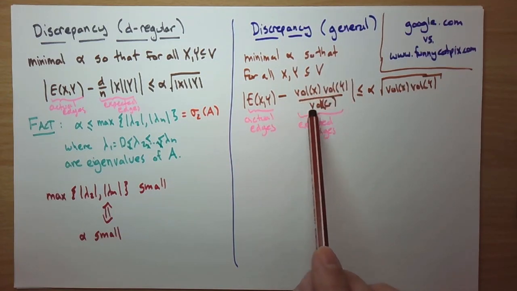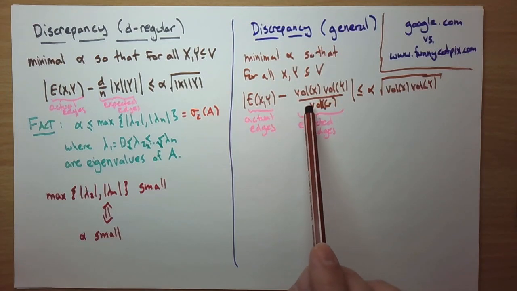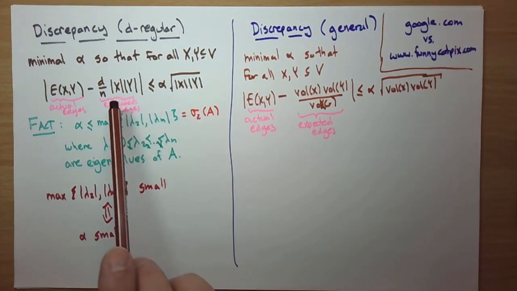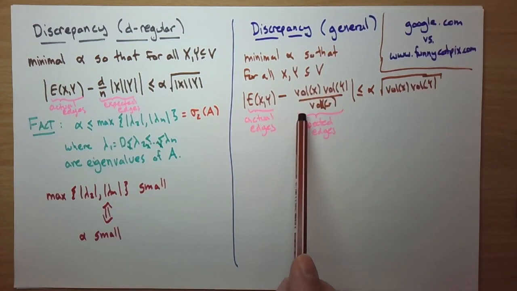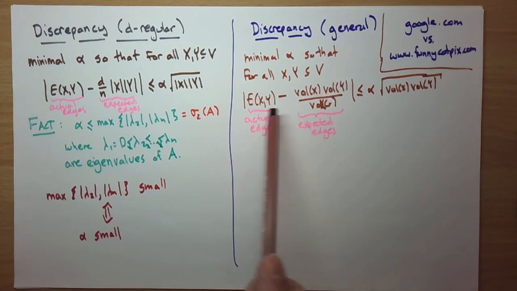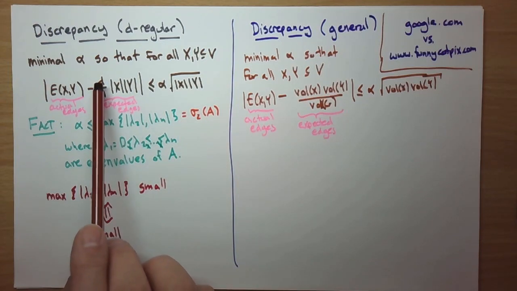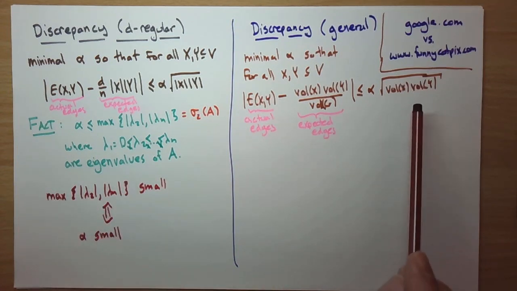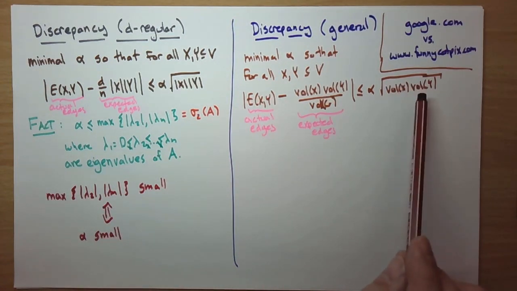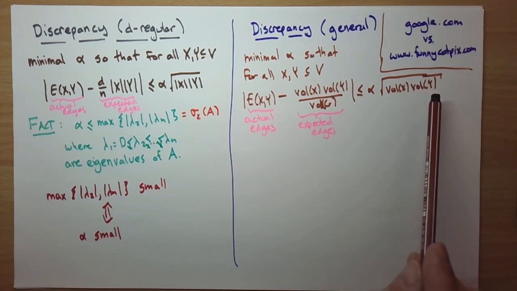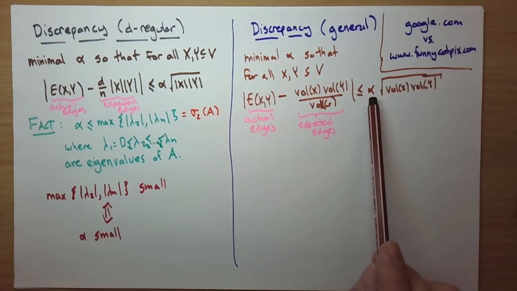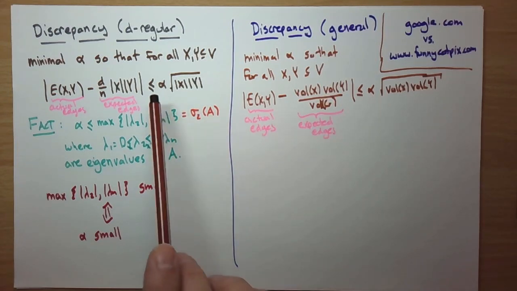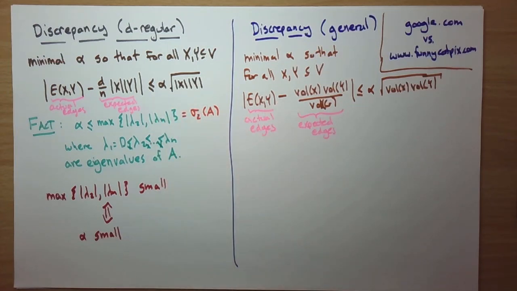And what's the volume of G? D times n. So you'll notice you have a D and a D and a D. Two D's upstairs, one D downstairs, leaves you with a single D upstairs. There's an n downstairs, size x, size y. And in a similar way, volume x, volume y, okay, there's a size x, there's a size y, and you pull it out. So this alpha essentially has been scaled by D. But other than that, everything translates over.